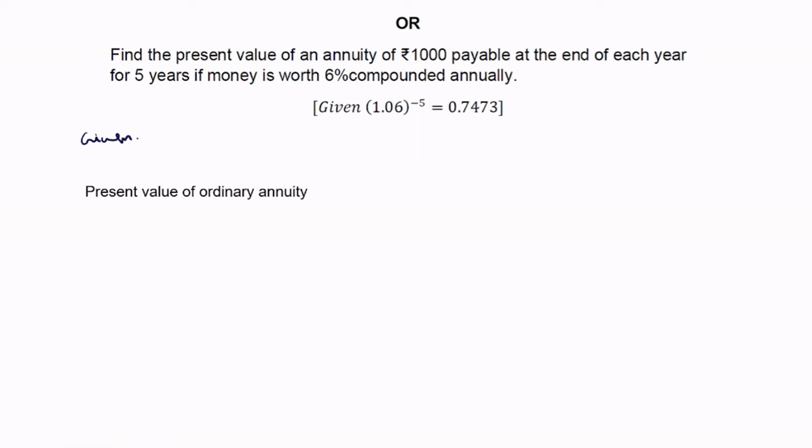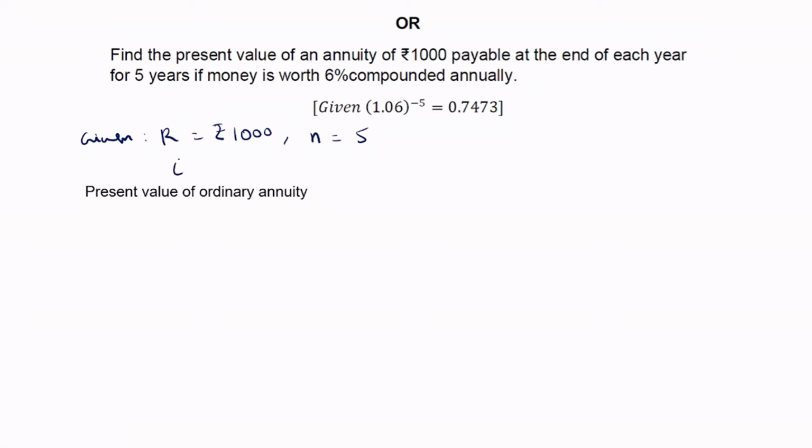So given R is equal to rupees 1000, it is payable at the end of each year. So it is an ordinary annuity and the time period is 5 years. So the number of periods is 5, if money is worth 6% compounded annually.